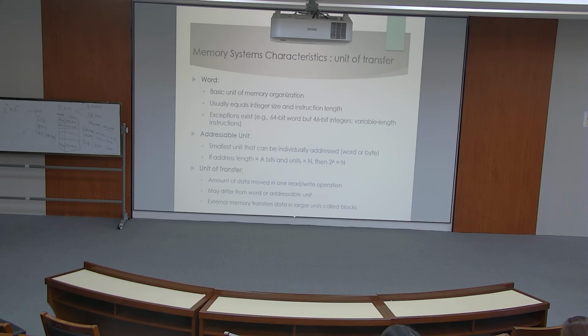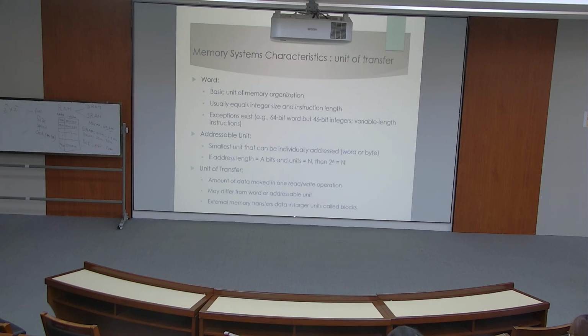Now, if the address length is A and the unit is N, then we can easily find that 2 to the power of A equals N. This is what we have learned when we talked about the number of words and the number of bytes per word.